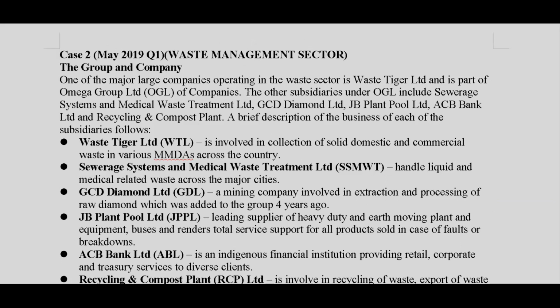The other subsidiaries under OGL include Sewage Systems, Medical Waste Treatment, GCD Diamond, JB Plant Pool, ACB Bank and Recycling and Compost Plant. So we have a brief description of subsidiaries. It is based on what I was telling you earlier, that when you see divisions, subsidiaries, strategic business units, and products, you are likely to be using portfolio models to deal with those products.